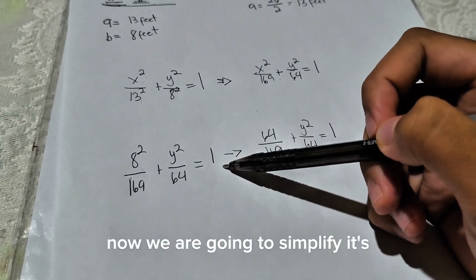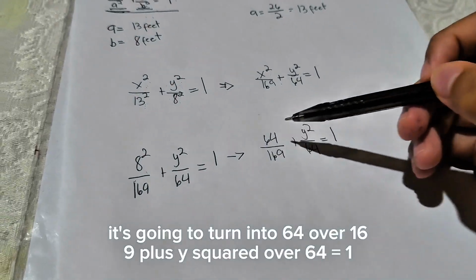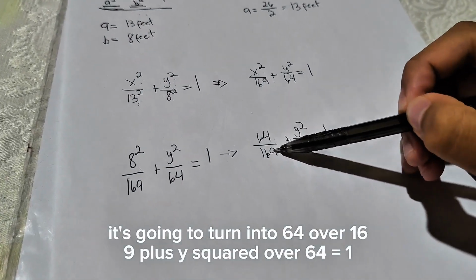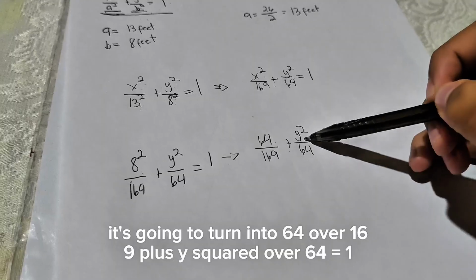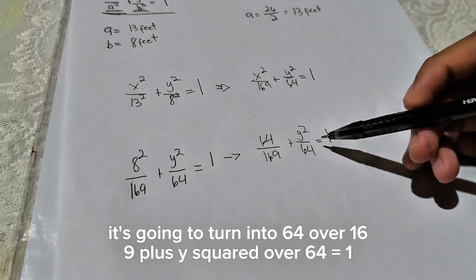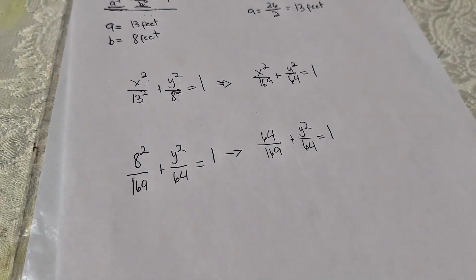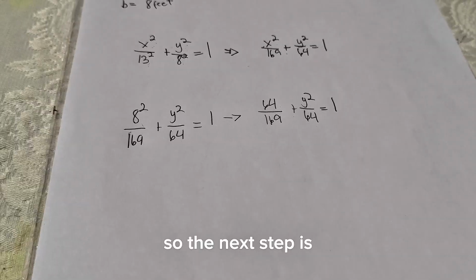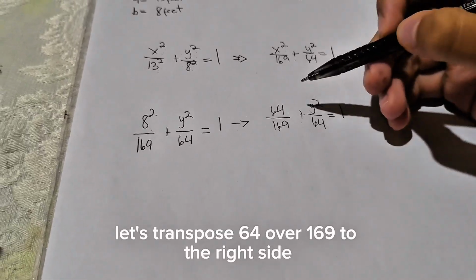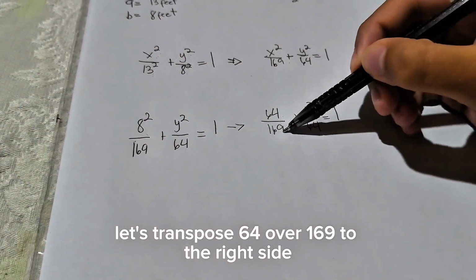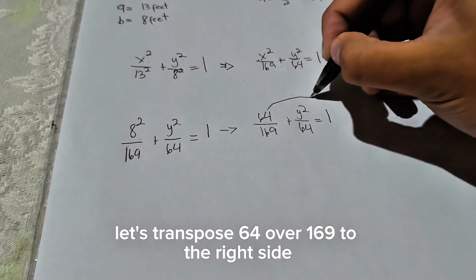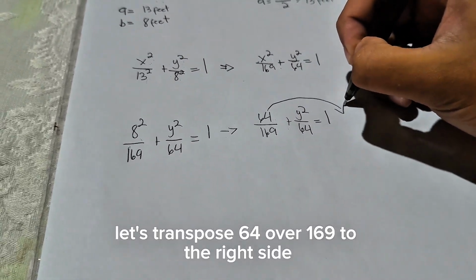Now we are going to simplify it. It's going to turn into 64 over 169 plus y squared over 64 equals 1. So the next step is, let's transpose 64 over 169 to the right side.